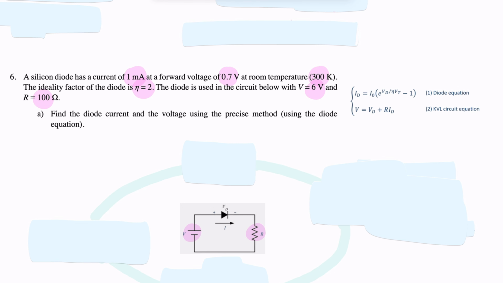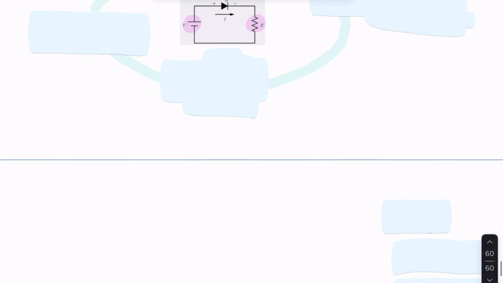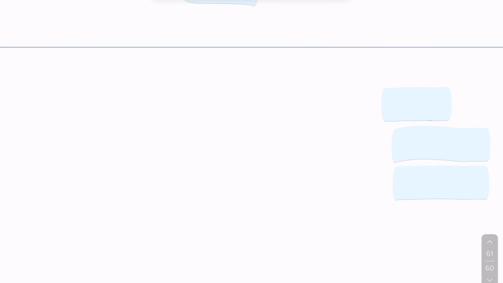Before we start on that, let's rearrange all of these equations. And even before that, let's find the thermal voltage, VT. Sometimes it's given to you, but the actual equation to find it is the Boltzmann constant K multiplied by the temperature in Kelvin divided by the charge of an electron.